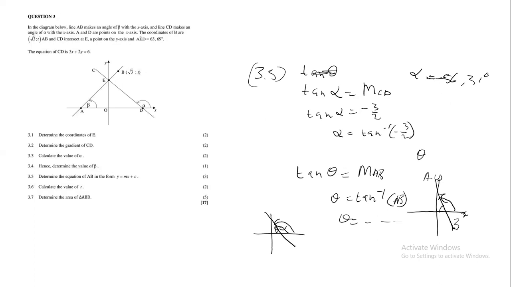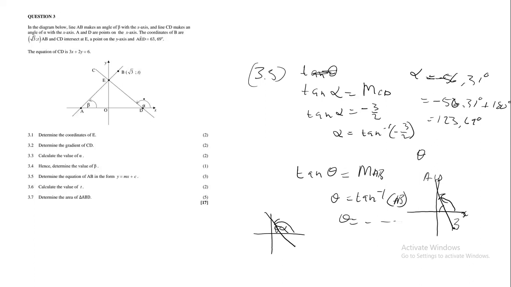Now, for the fact that my angle is negative, each and every time I see that my angle is negative, I add 180 degrees so that my angle can be positive. So negative 56,31 degrees plus 180 degrees, and then I get that my alpha in this case is equal to 123,69 degrees.